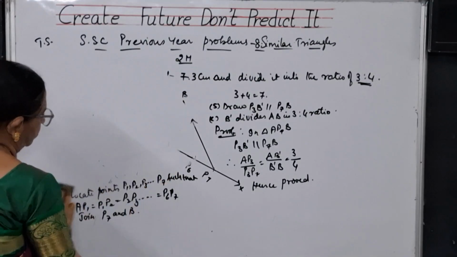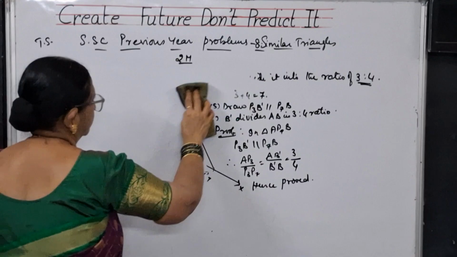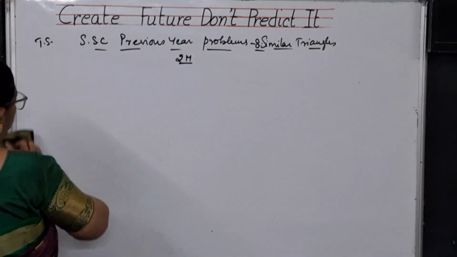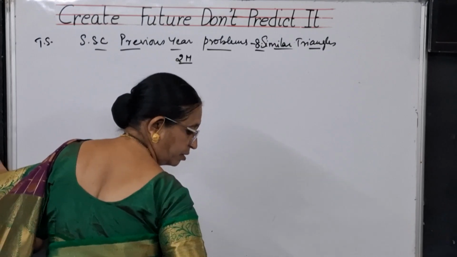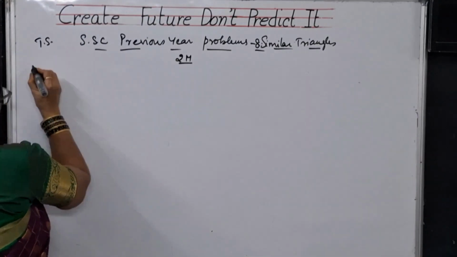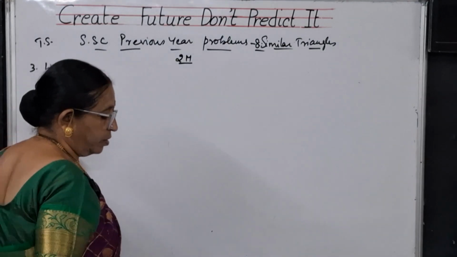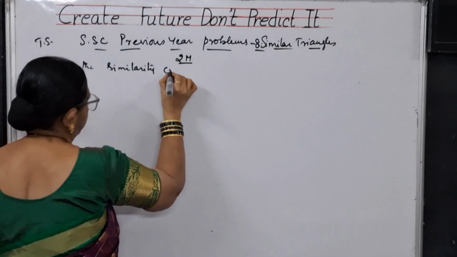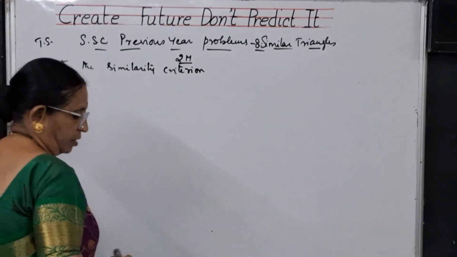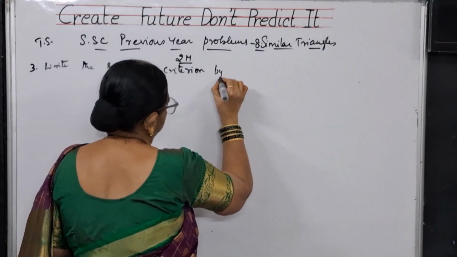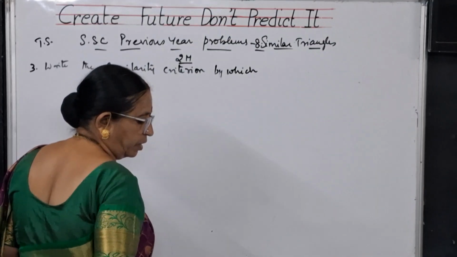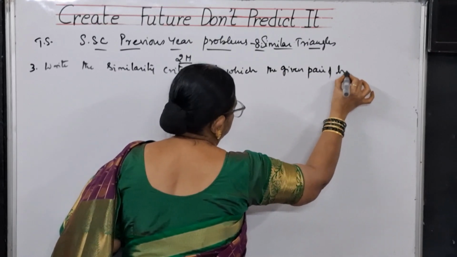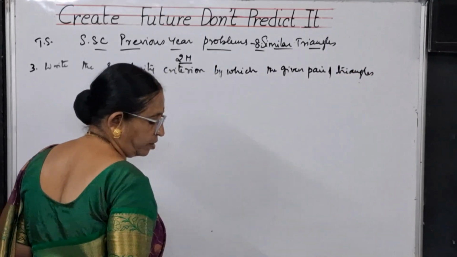Now, let us see the third problem. Write the similarity criterion by which the given pair of triangles are similar.